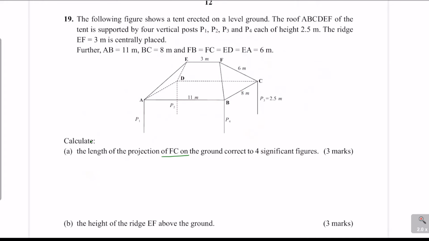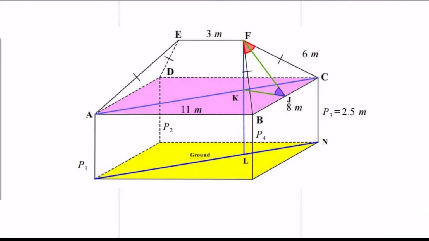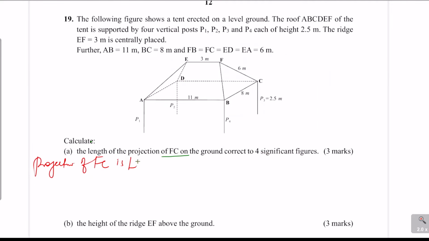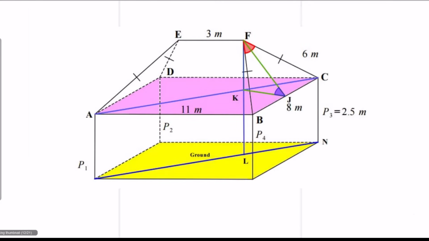So the projection of FC, write that. The projection of FC on the ground is, as you can see here, LN. That means that LN is the same as, when you just look at these two diagrams and the shadings, CK.